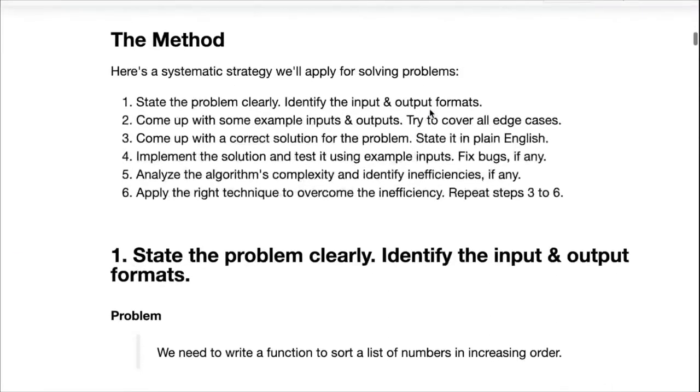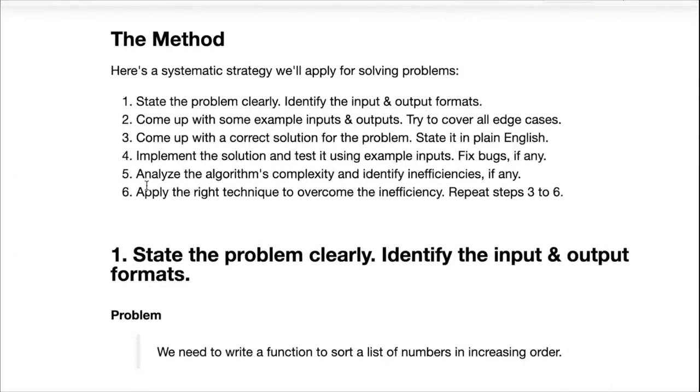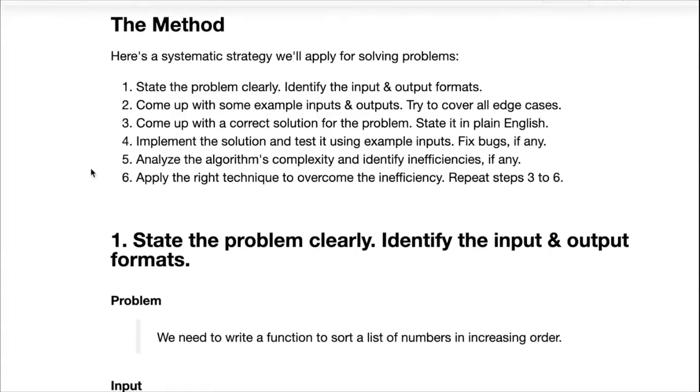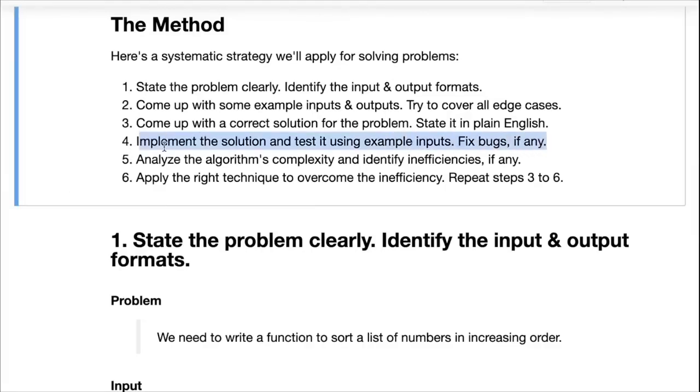Now, this is the method that we've been following throughout the course, and we will continue to follow a systematic strategy for solving programming problems. Step 1, state the problem clearly. Identify the input and output formats. Step 2, come up with some example inputs and outputs and try to cover all the edge cases. Step 3, come up with a correct solution for the problem stated in plain English. Step 4, implement the solution and test it using example inputs.